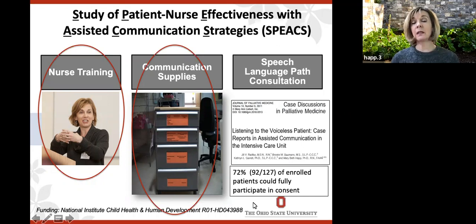So in this SPEACS study, 72% of those enrolled could fully participate in the consent.